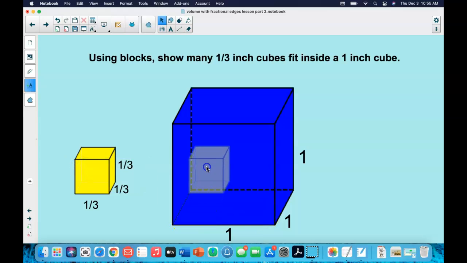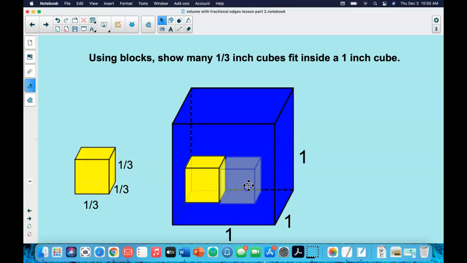So I'm going to do the back because the back seems to be a little easier for me to start with. So it takes 3 to go in the back. Okay, so I've covered the length. But I want to cover the depth. How many does it take to go from the front to the back? Well, it's going to take 3 more.